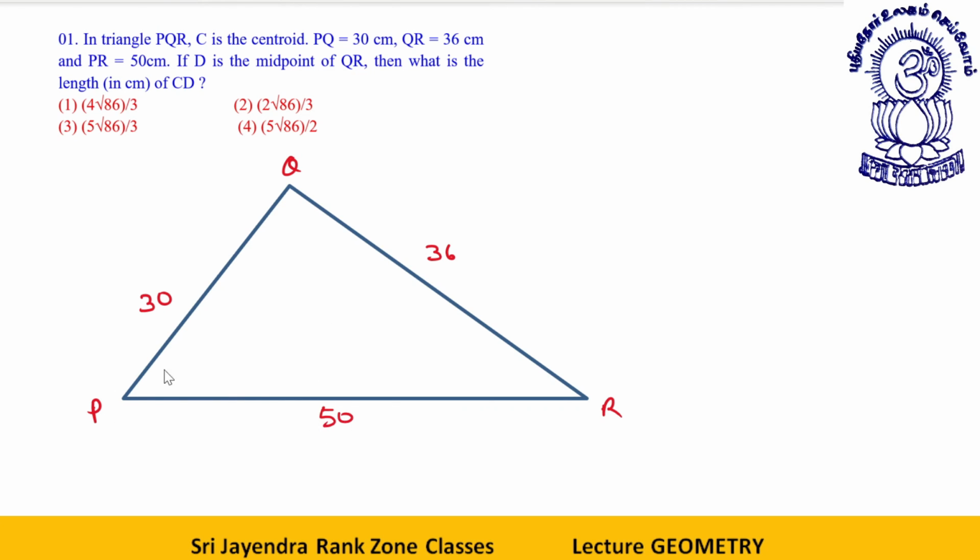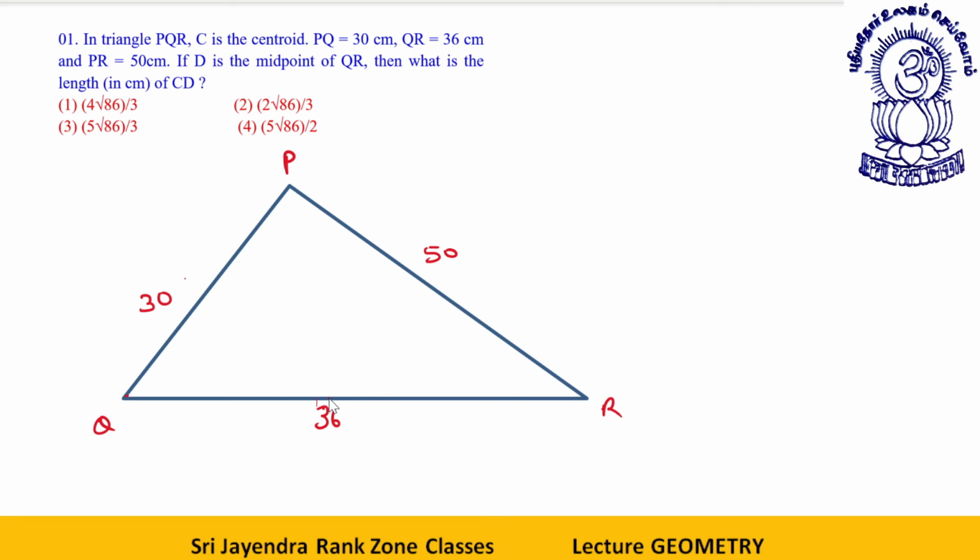Fine, so no problem, dear students. It will be better if I take QR over here. Suppose this is QR, and let's say this is P. PQ is 30, QR is 36, and this PR is equal to 50.